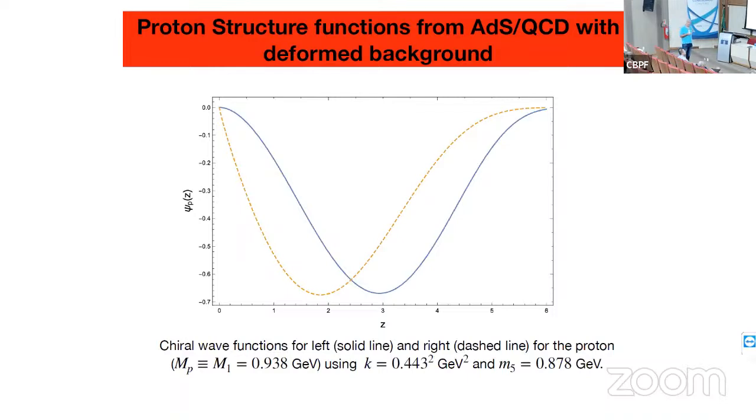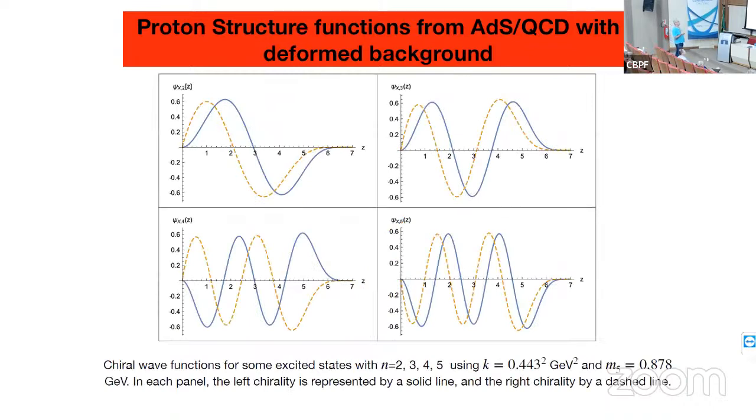These baryons need a numerical solution in this model. So I'm going to present some shapes here. This is the ground state. These are the first excited states for the baryons, that we use to calculate with some adjustments of the constants.